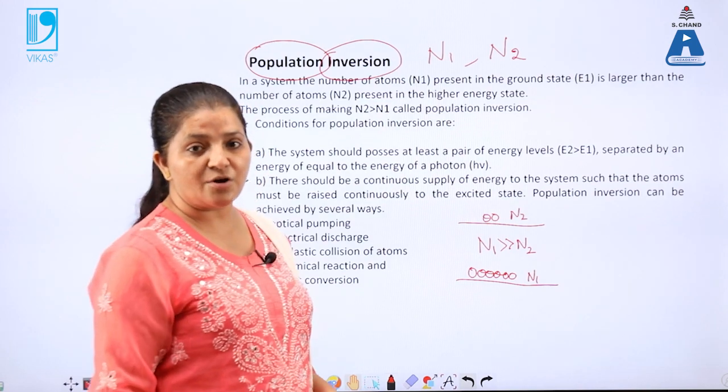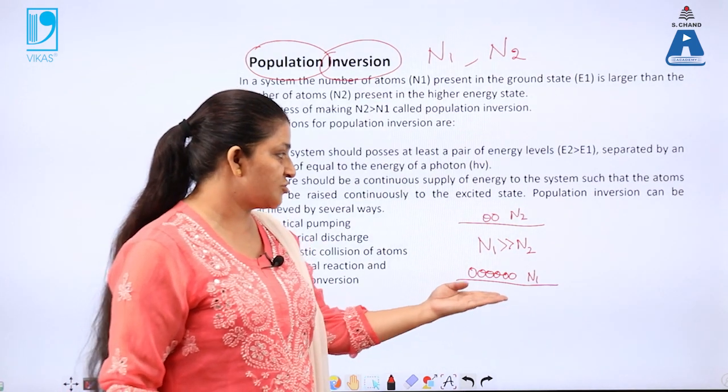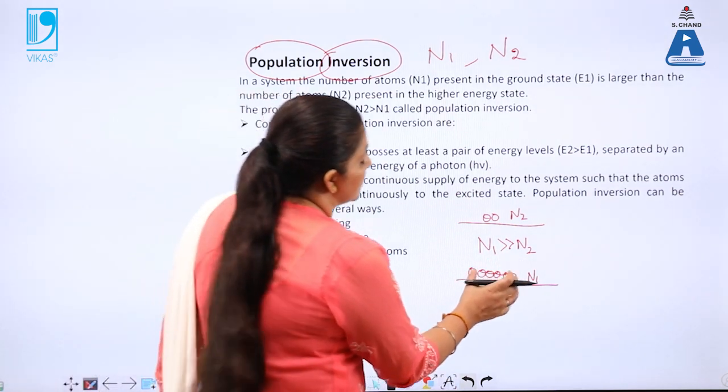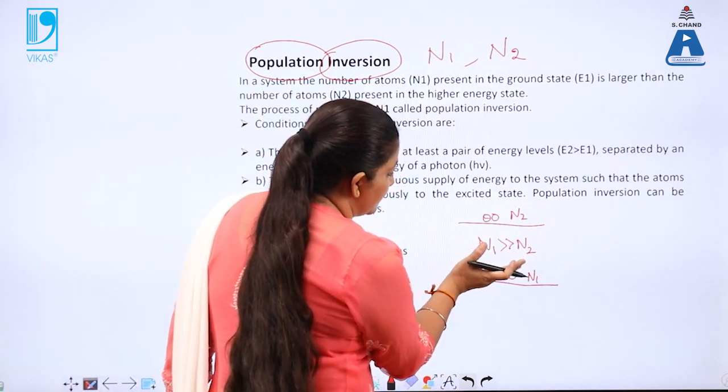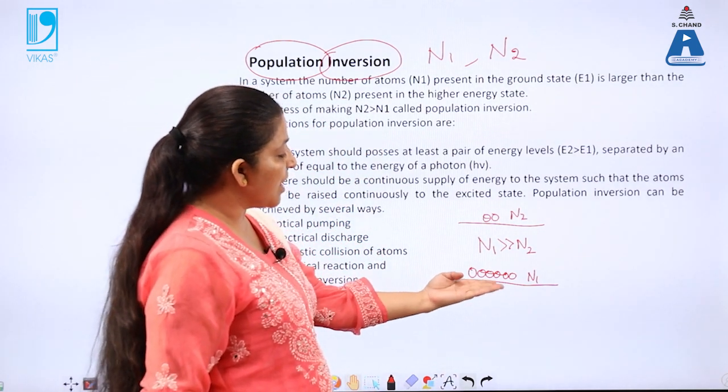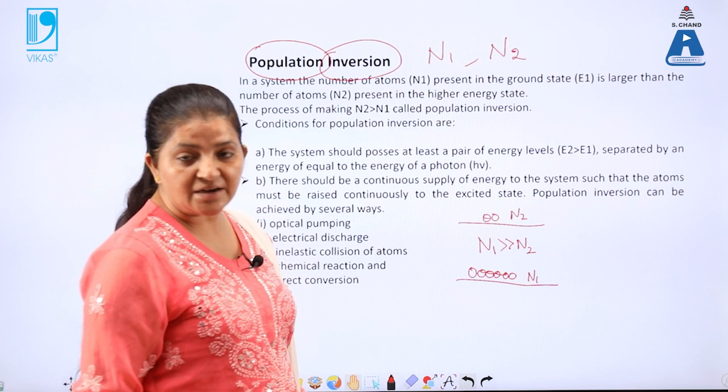That means a large number of atoms are present in the ground state than in the excited state. This is known as the population of atoms present initially.